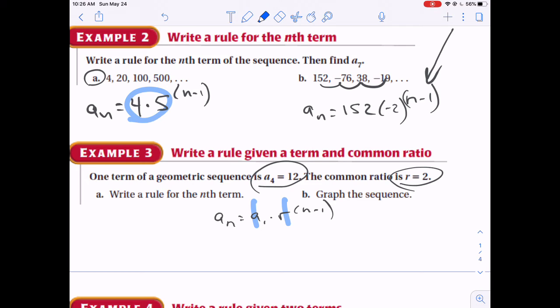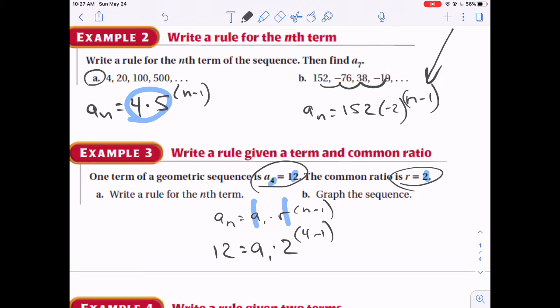Okay, so what do we got so far? Remember, as I said before, we have three pieces of information. Here's our rate over here. Here's our a sub n number, and here's the actual n itself. So we use those three pieces of information. So a sub n is going to be 12 equals A1 we're trying to find times r, which is 2. n is 4, minus 1. All right, so 4 minus 1 is 3.